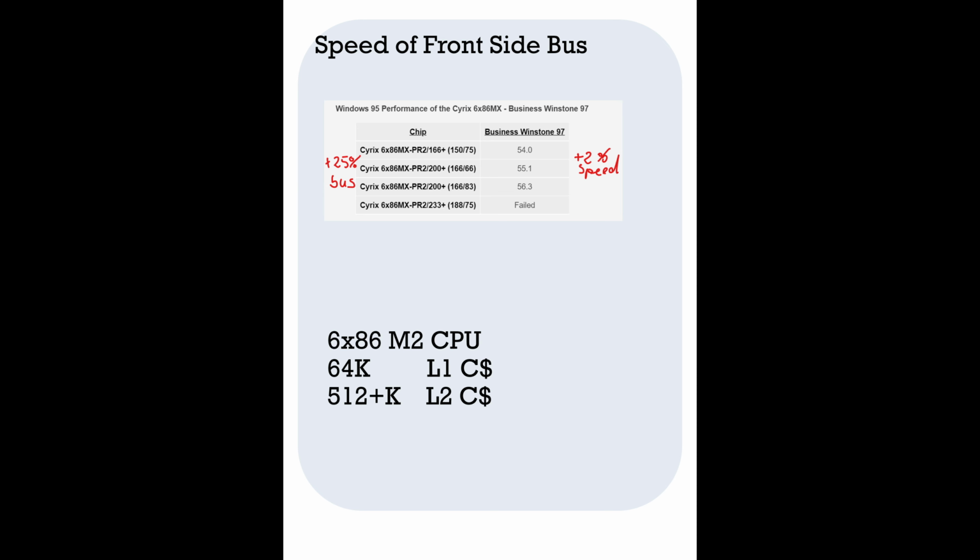In later times, there would be something named a multiplier. This is happening even as of today, but for 86 initially, at the top there was a speed of the main board, let's say 33 megahertz, or like here 66 or 75 or 83, and the processor's frequency was the speed of the bus multiplied by the multiplier of the processor.